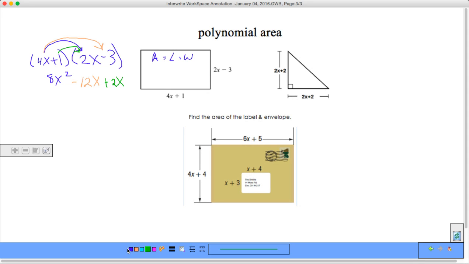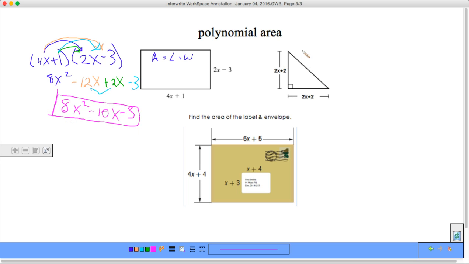And 1 times negative 3 is just negative 3. Combining my like terms here, my final answer is going to be 8x squared minus 10x, because I have negative 12 plus 2, minus 3. And that is the area of my rectangle.